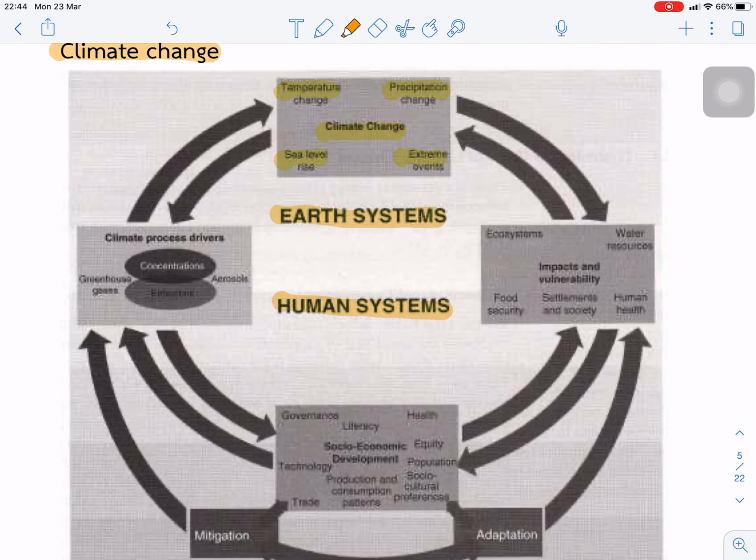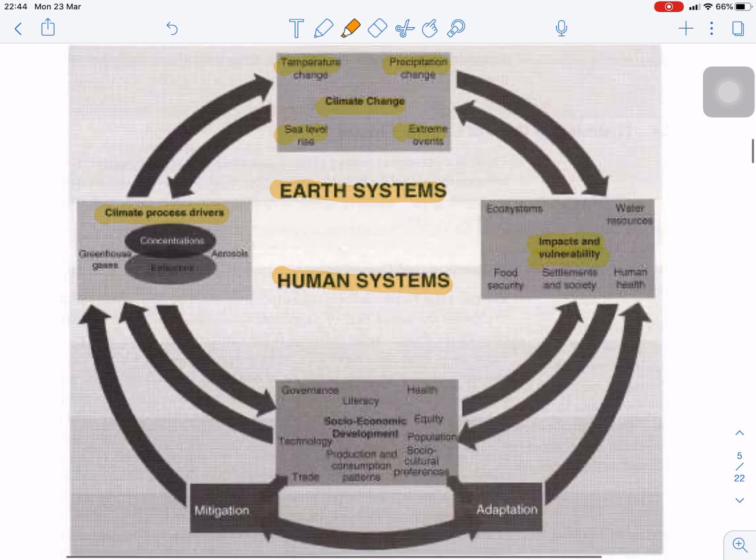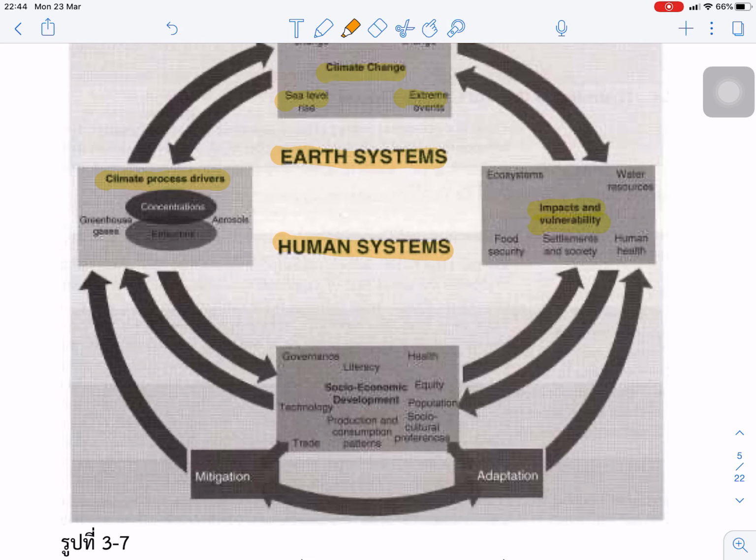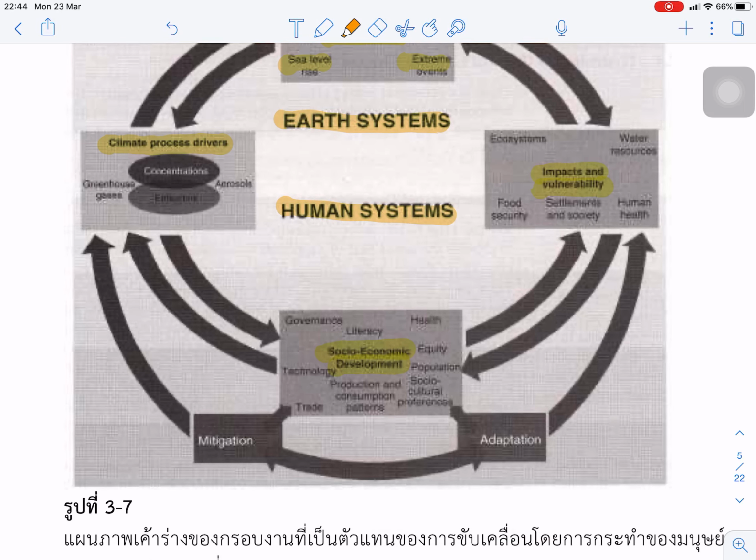The driving force comes from the climate process driver, and the impact creates impact and vulnerability. Both the process and impact come from socio-economic development in the human system. For humans, we can do two things, mitigation and adaptation, to survive climate change.